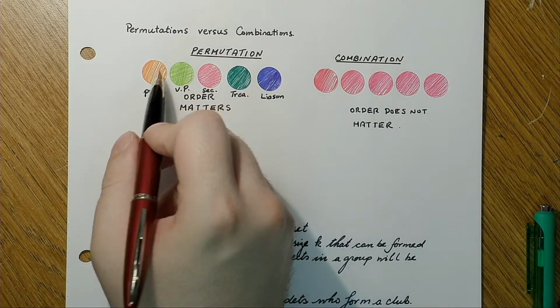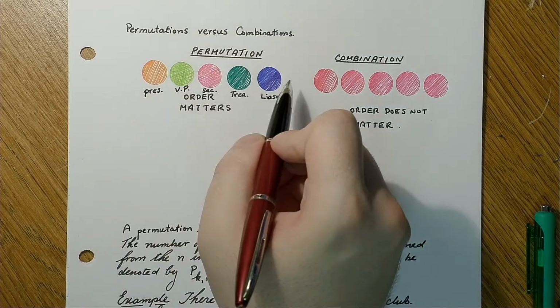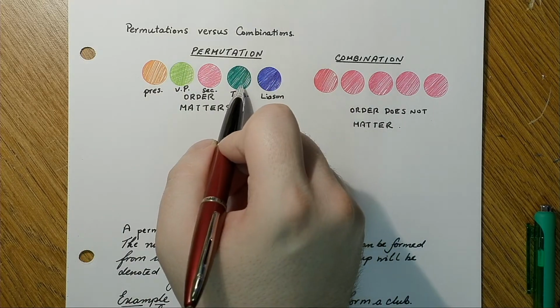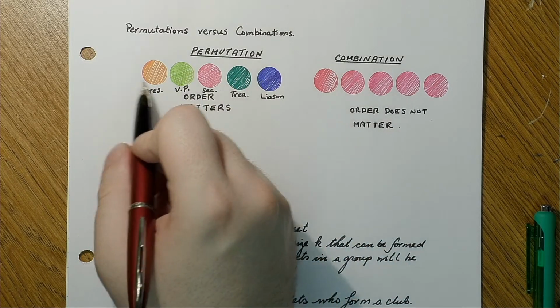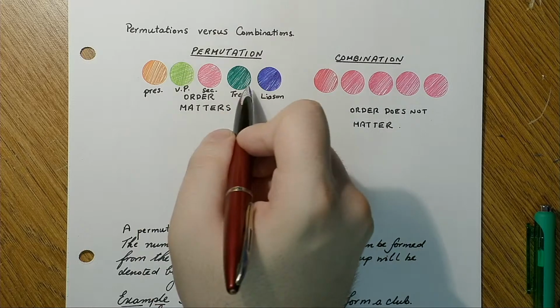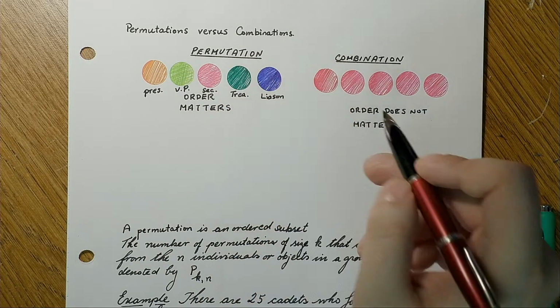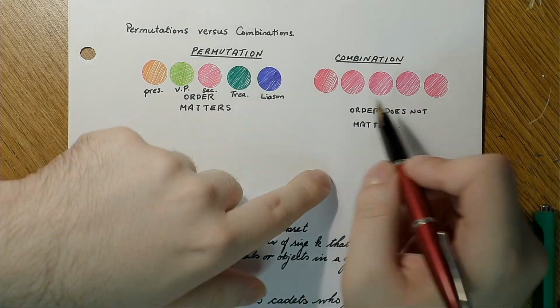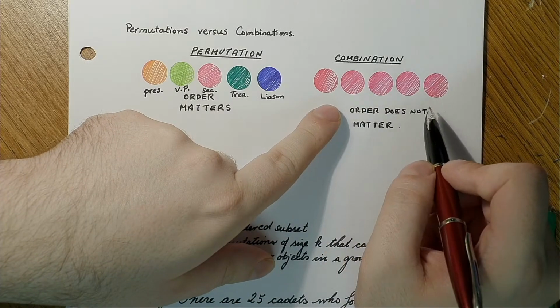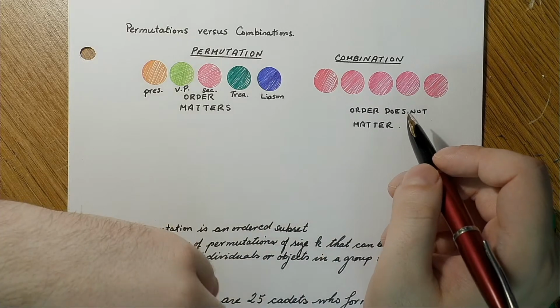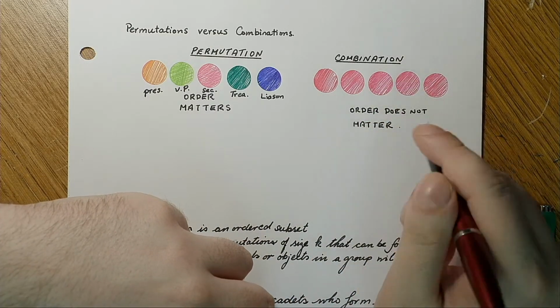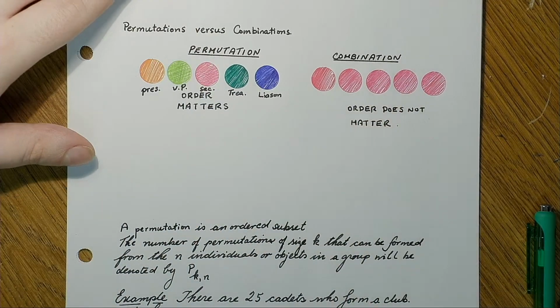If I change the order, if I had put orange in this position and green in this position, then I've created a new committee. Over here, the combination, I don't really have any labels for them. I don't care in which position they are. This is what we call a combination. It's where the order doesn't matter.